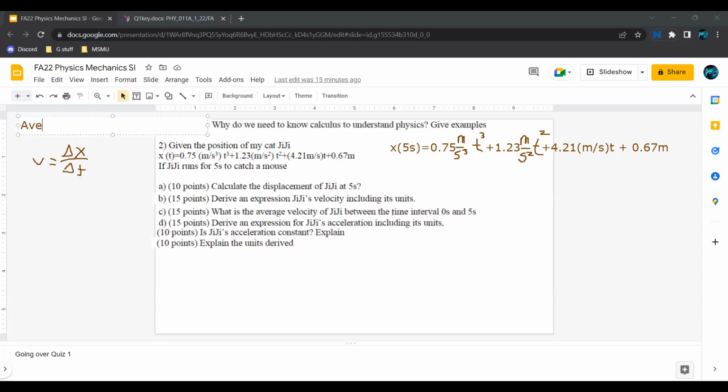For average, and then instantaneous velocity is the d version. Let's put that inside. v is equal to dx over dt.